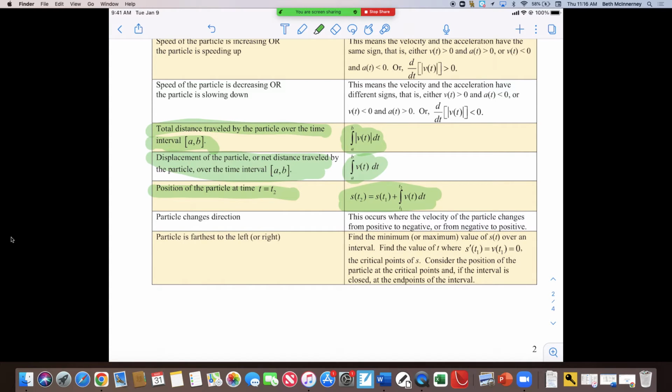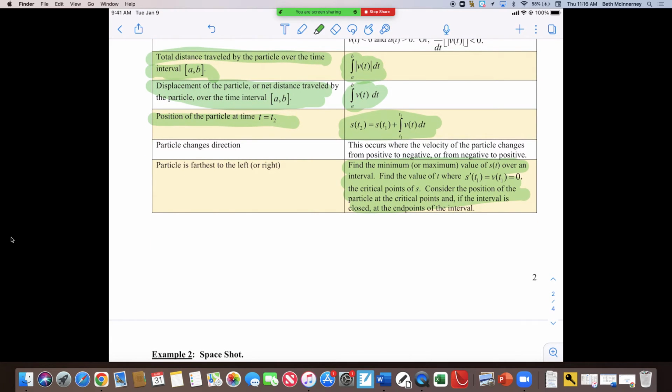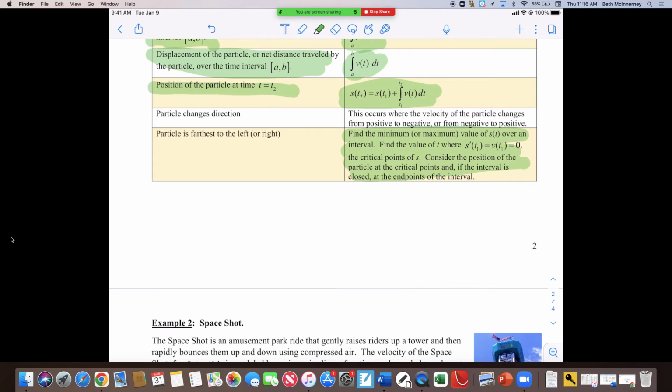Particle changes direction where the velocity is 0 and velocity changes signs. The particle is farthest to the left or right. Okay, this is going to be a big one. That means find the minimum or maximum value of s of t over an interval. So find the value of t where s prime of t, or the velocity, is 0. You'd find your critical points and consider the position of the particle. If it's a closed interval, you have to do the extreme value theorem and check the endpoints as well.